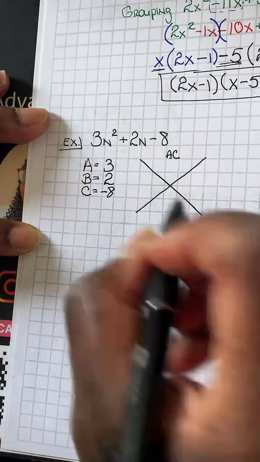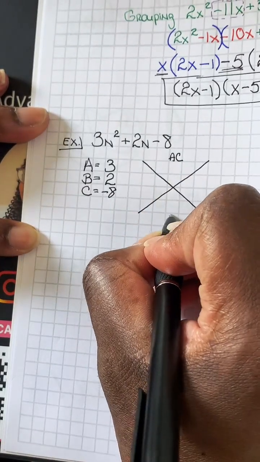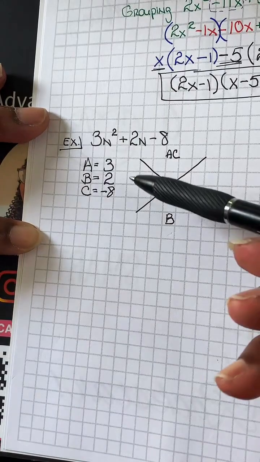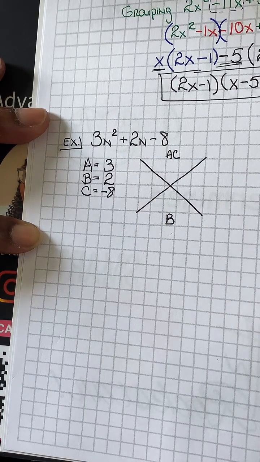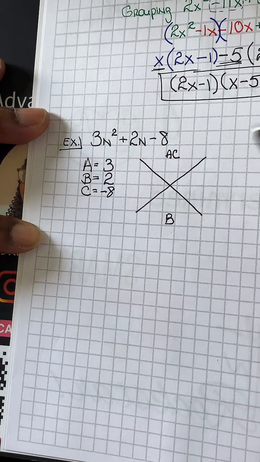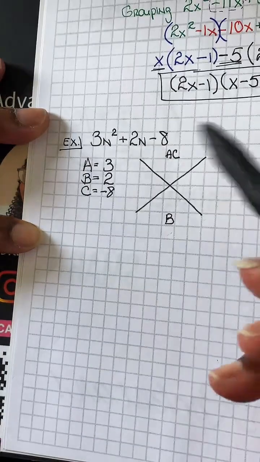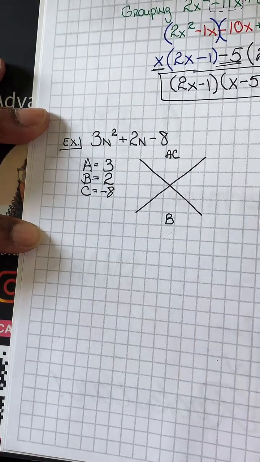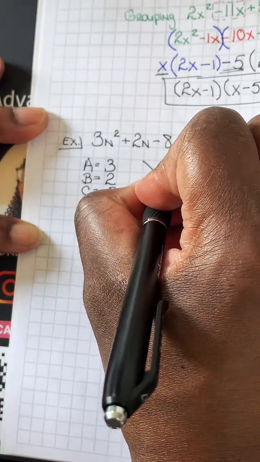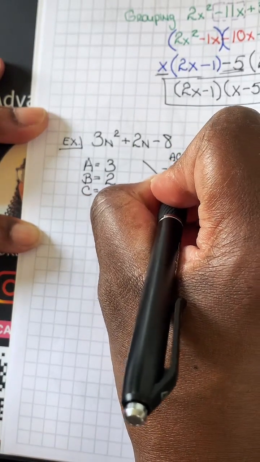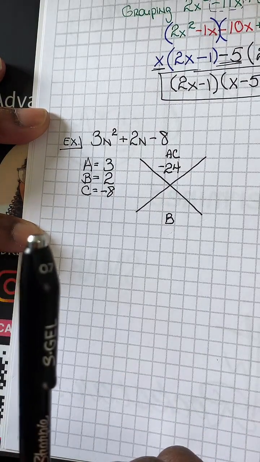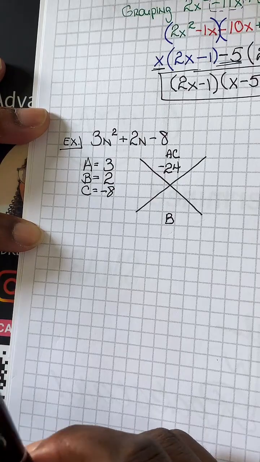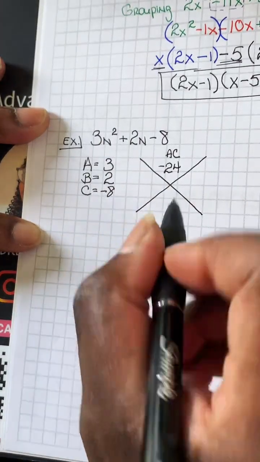So we multiply our A and our C, and then we rewrite our B. Multiplying A and C, we get what? 3 times -8, so we got -24. Good. Rewrite our B, which is 2.